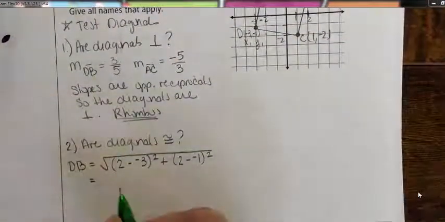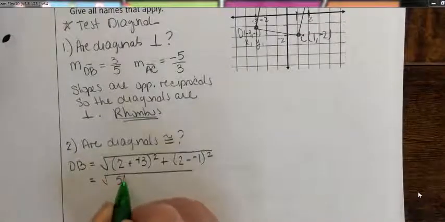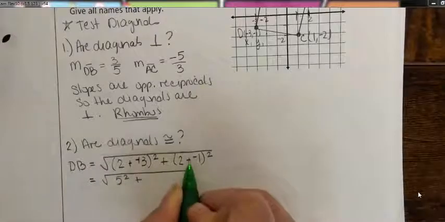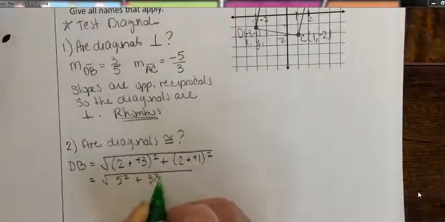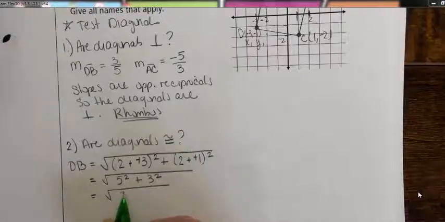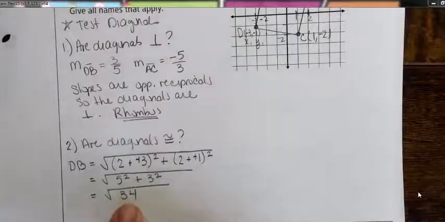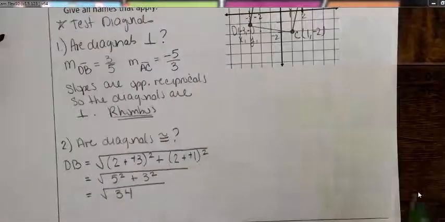So this will be 5 squared plus 3 squared, or 25 plus 9, square root of 34. Now, the only factors of 34 are 2 and 17. So that can't be simplified. So we'll just leave it as the square root of 34.